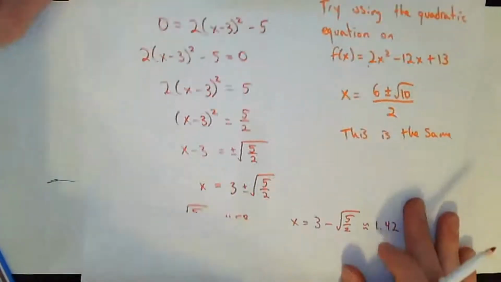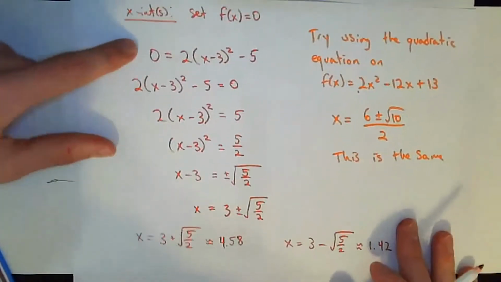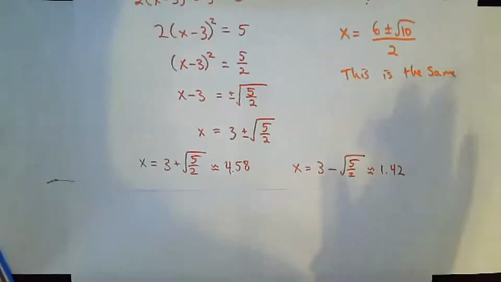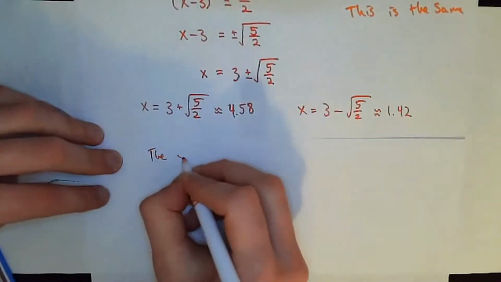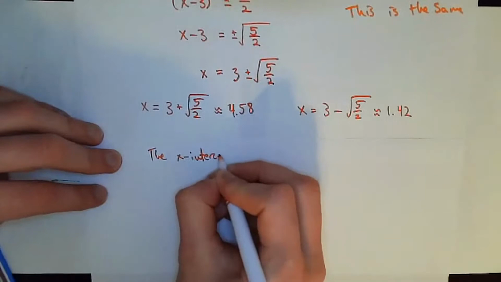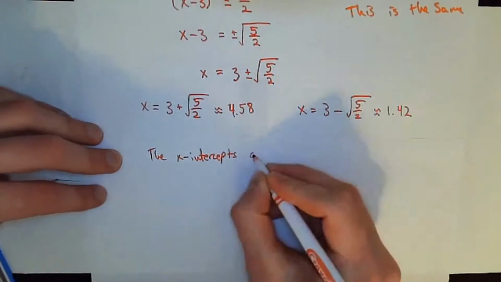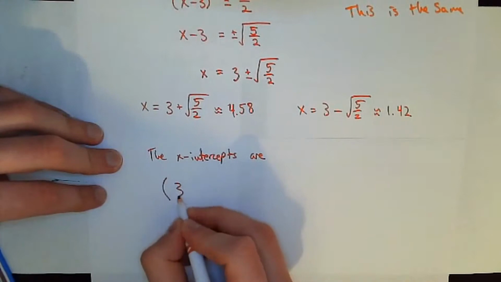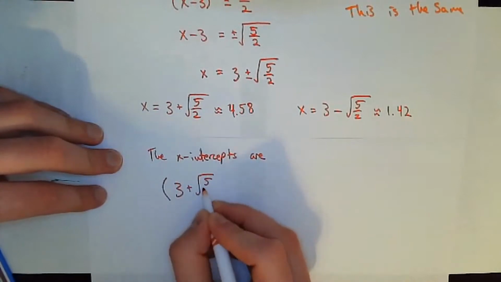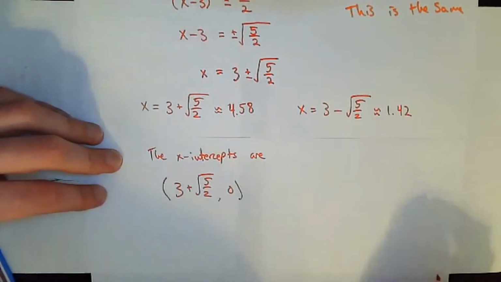Because I'm still, by the way, not done with this part, finding the x-intercepts. Not technically. I've done pretty much all the work, but the last step is to say the x-intercepts are coordinate points, right? So the x-intercepts are 3 plus square root of 5 over 2, comma 0. That's one of them.